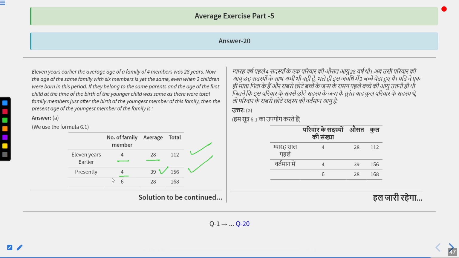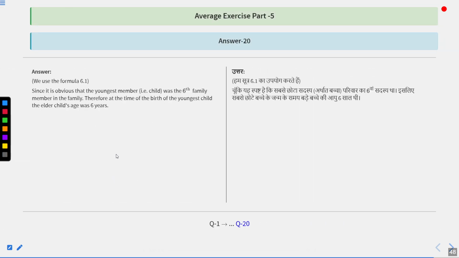In the same way, it is obvious that the youngest member, that is the child, was the 6th family member in the family. Therefore, at the time of the birth of the youngest child, the elder child's age was 6 years. Clear? So now the sum of their ages.